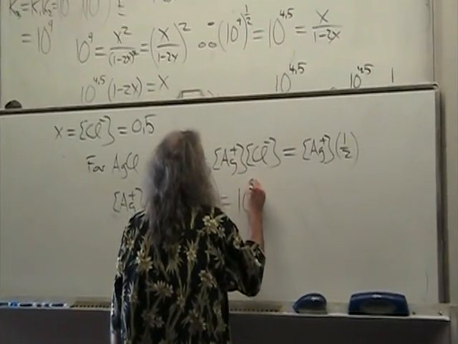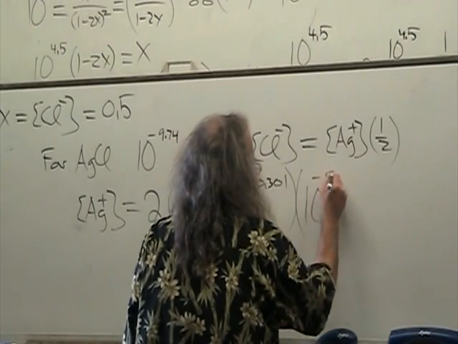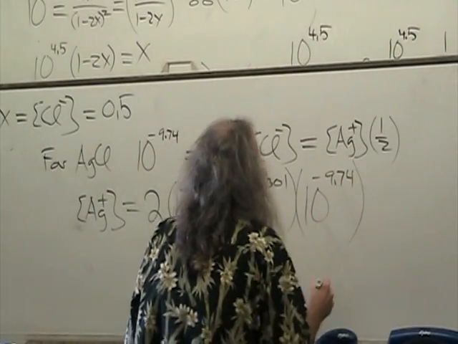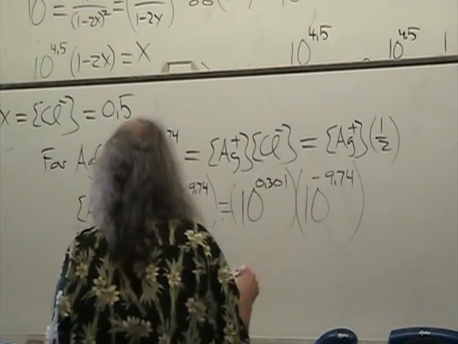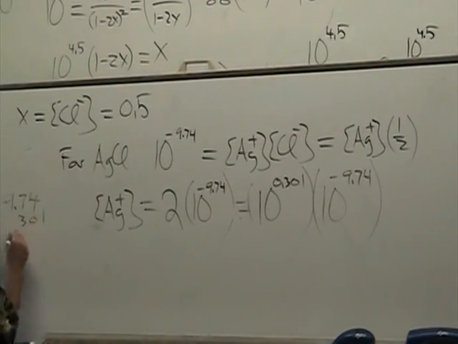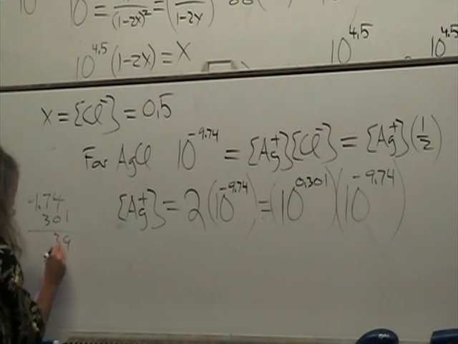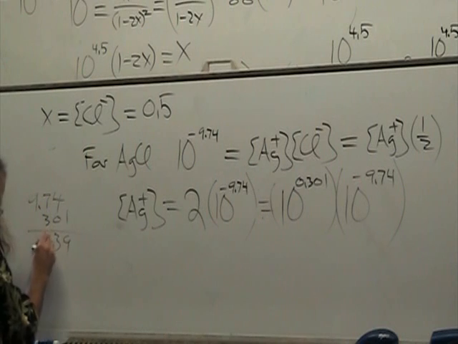And equals 10 to the 0.301 times 10 to the minus 9.74, and then I've got to go 1.74301, and that is a 9, this is a 3, and this is 439.